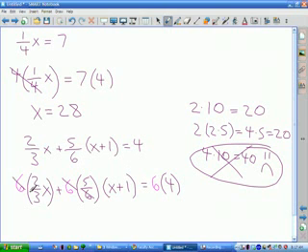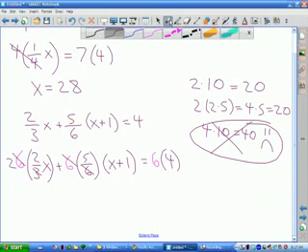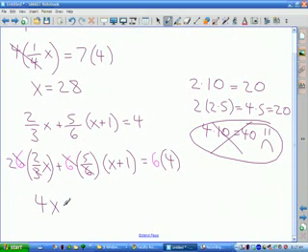Okay? So now look, 6 divided by 3 is 2. These 6's cancel here. So let's see what we've got. This is going to be 2 times 2, that's 4x, plus 5 times x plus 1 equals 24.